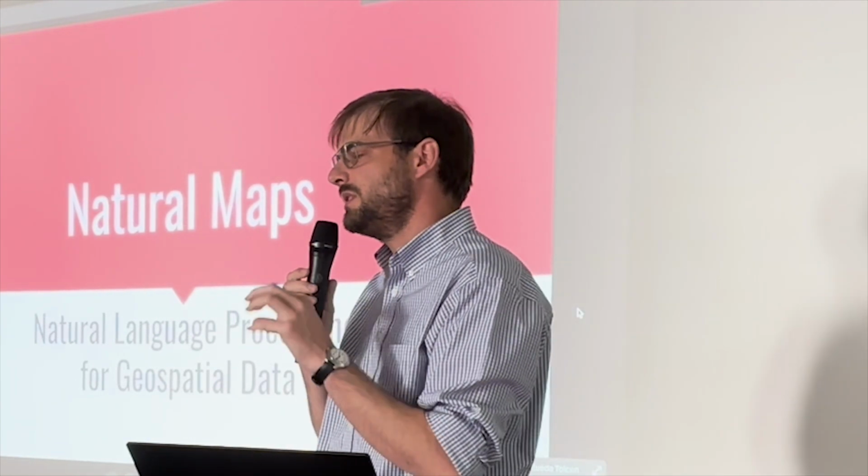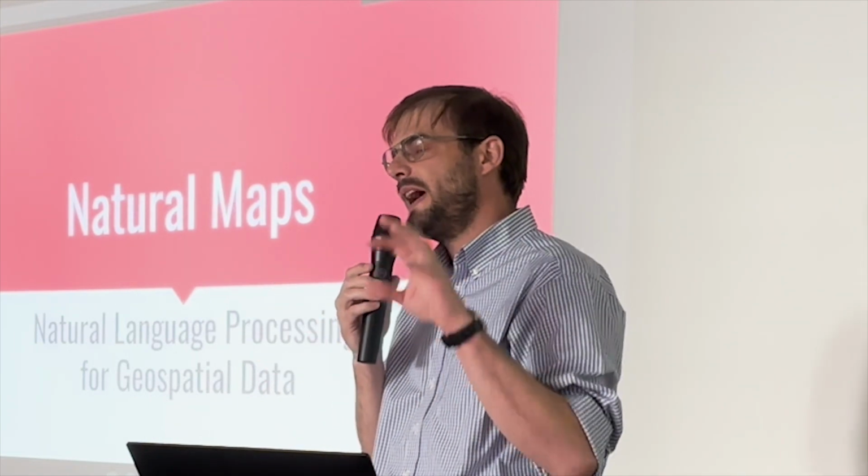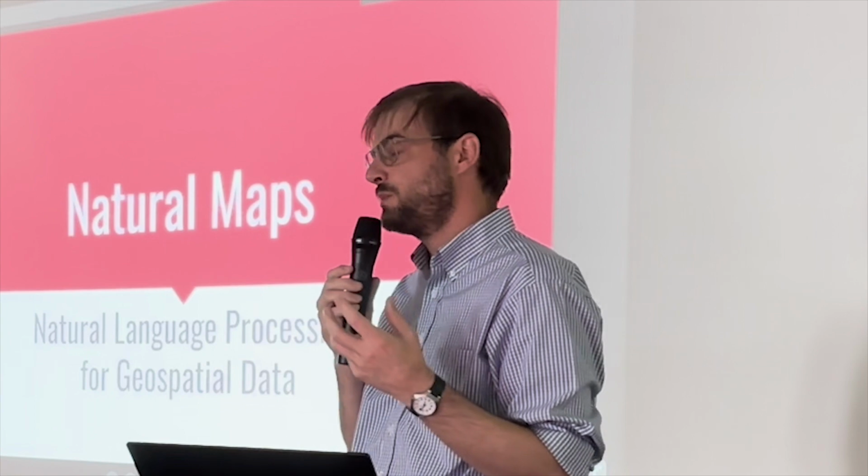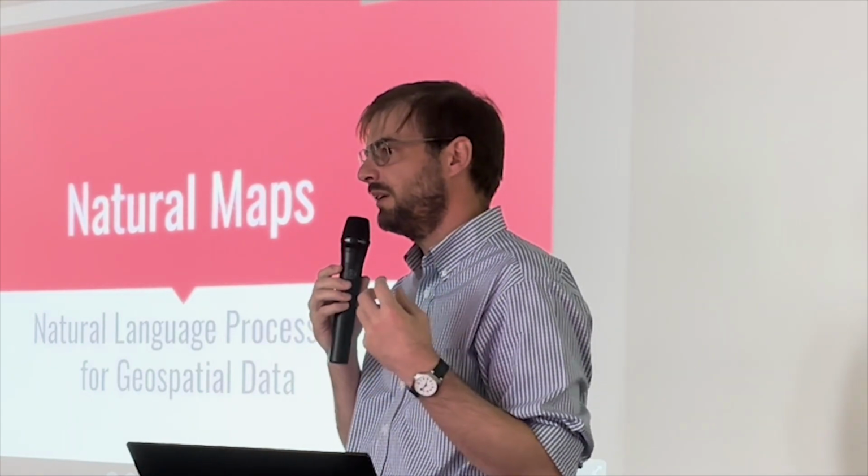So what we're going to delve into here is how we use these queries to access mapping information, especially in the OpenStreetMap world, where we have all this data available to us and we can use it.